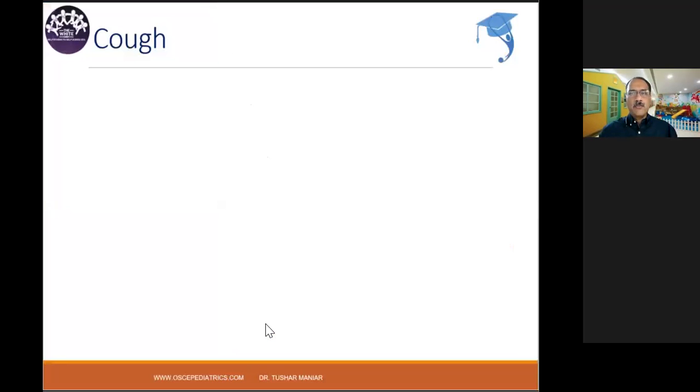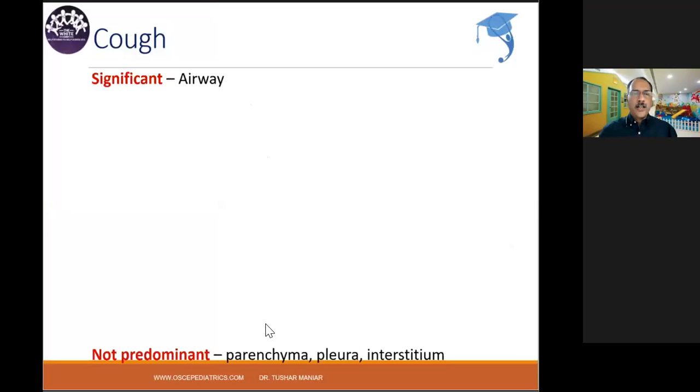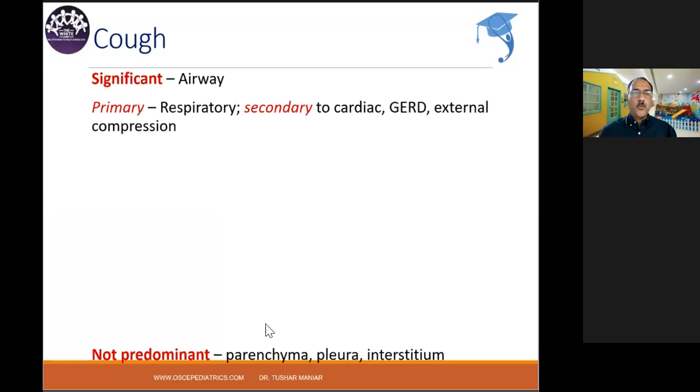So let's look at some symptoms and see how we can divide each problem into different anatomical parts. Significant airway problem. That means if cough is significant, think about airway. Usually cough is not a significant feature of parenchyma, pleura or interstitial lung. It can be a primary problem from the respiratory system, or cough could be secondary to non-respiratory causes, like all the other ones we have said. Could be cardiac, aspiration, GERD, or external compression from mediastinum.